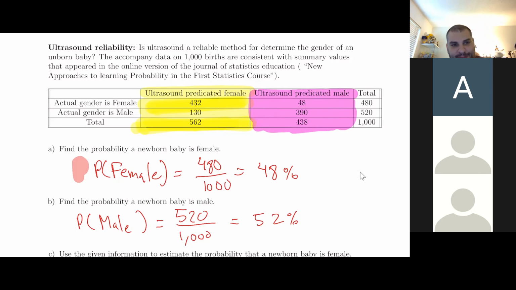The total number of babies that were predicted to be male. Yeah, so you just want to use this last number. So we use 438 because that's how many total were predicted to be male. Of the 438, how many of them actually turned out to be male? Well, it should be the 390.